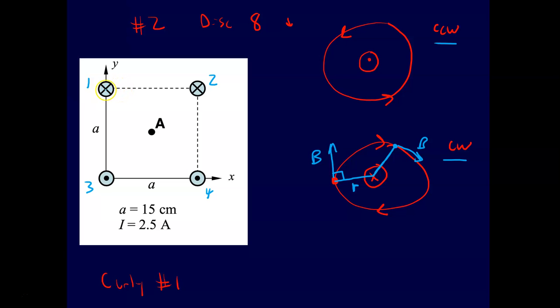For instance, this one is going into the page, so it would have a tendency to be clockwise. If I connect this line here, that would be roughly our line. Then from number 1, this would have a clockwise tendency, and so my magnetic field would be pointing this way here.